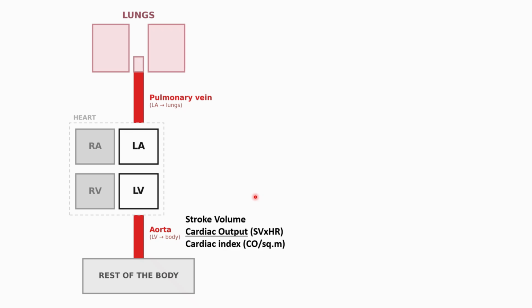Now, the second major parameter that I want you to remember is systemic vascular resistance, which is basically the afterload. This is the pressure in the peripheral arteries and arterioles that the left ventricle is pumping against. So the higher the pressure in the peripheral arterioles, the more effort the left ventricle has to put into pumping blood out.